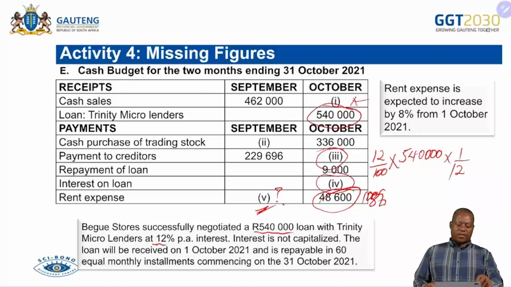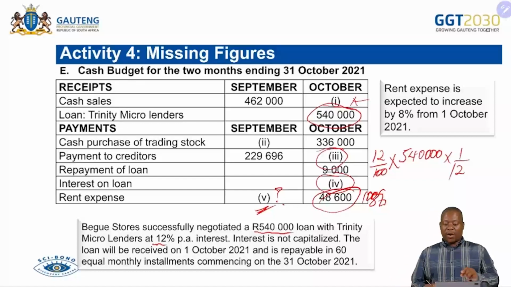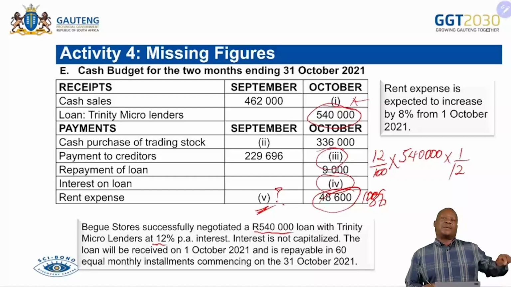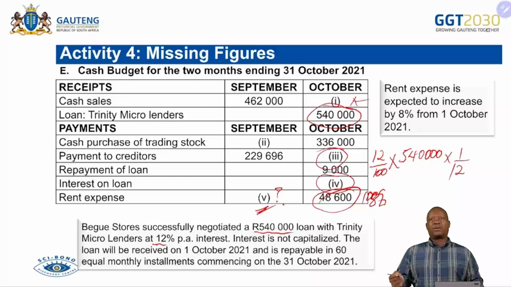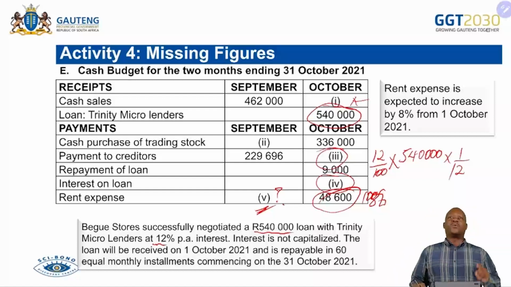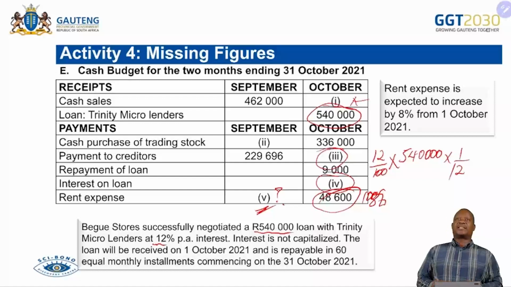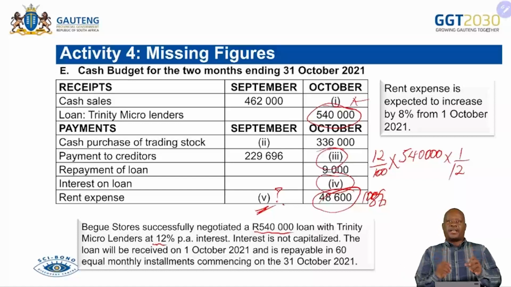If we want to find the creditors' payment for October, remember we are paying 1 month after, which means we are interested in the purchases for the month of September because they are the ones that are paid in the month of October. But we are not interested in the total purchases, but we are interested in the credit purchases only.